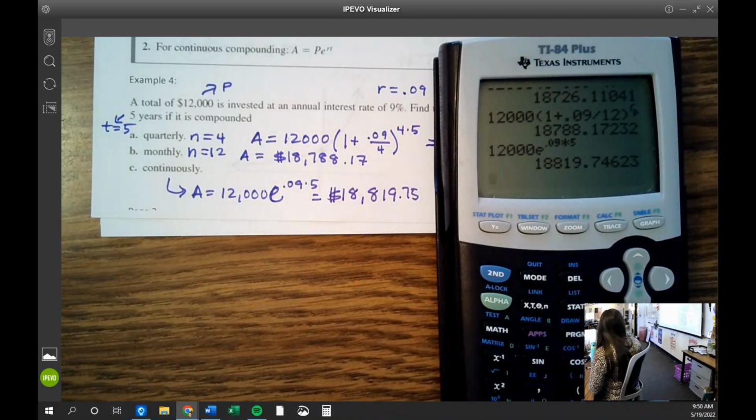So that would be the best that I could do with my 9% interest. It's compounding continuously.